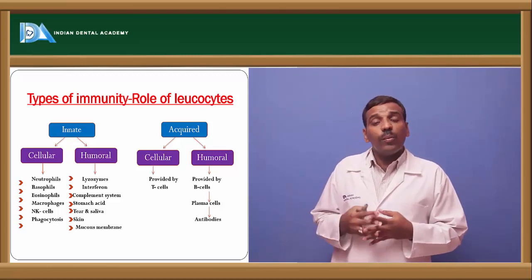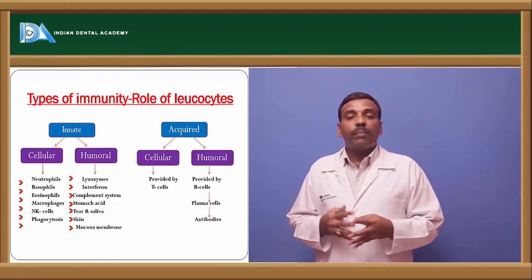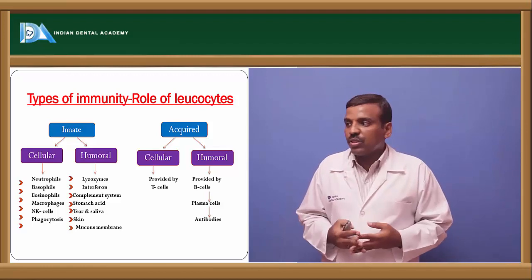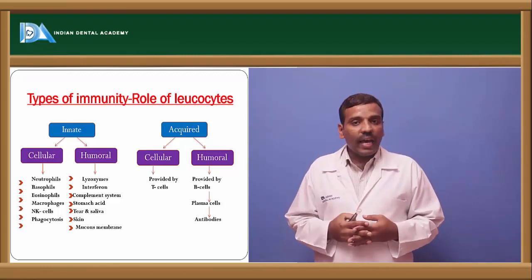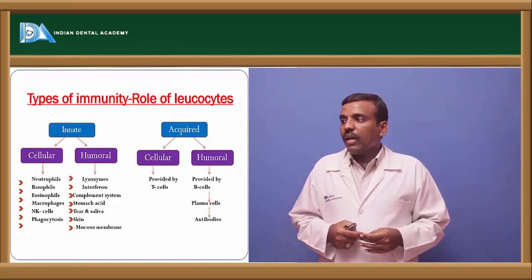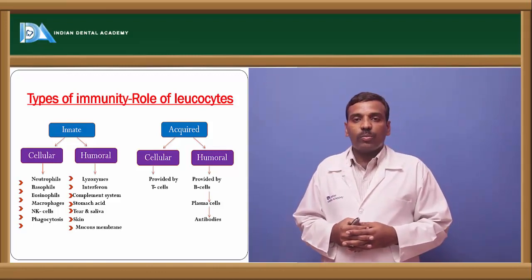In humoral secondary immunity, it is by the lysozymes, interferons, complement systems, stomach acids, tears and saliva, and skin and mucous membranes are also responsible.